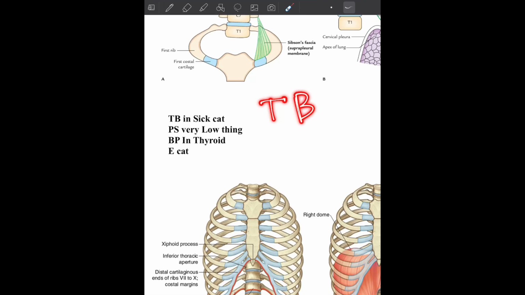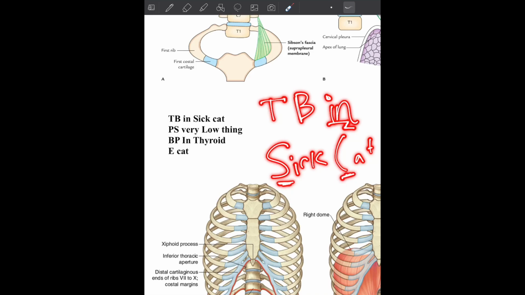B stands for brachiocephalic artery, and IN stands for intercostal arteries, right and left superior intercostal arteries. Sick cat: S stands for subclavian artery, left subclavian artery, and C stands for common carotid artery, left common carotid artery.